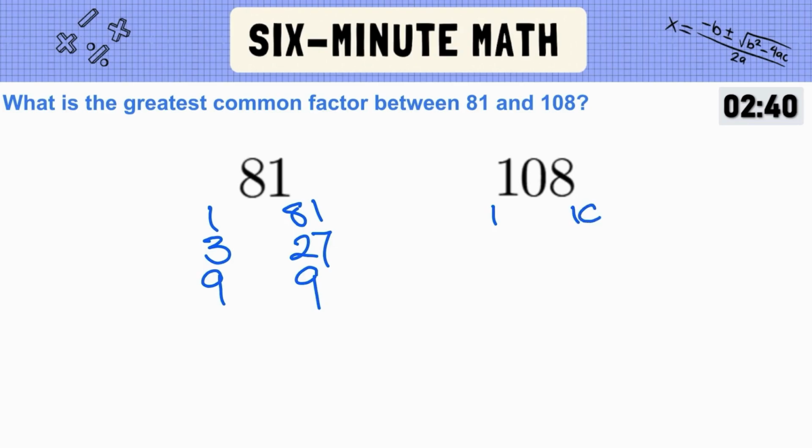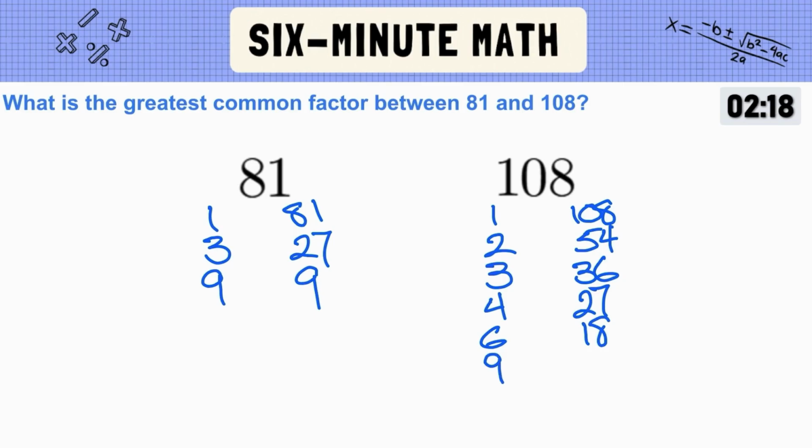For 108, I have 1 and 108, 2 and 54, 3 and 36, 4 and 27, 6 and 18, 9 and 12, and then I do my scan. For 81, I only have 6 factors. I have 12 for 108, but I find that I have a 9 and a 9 as my greatest common factor.